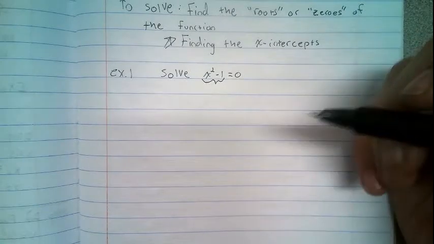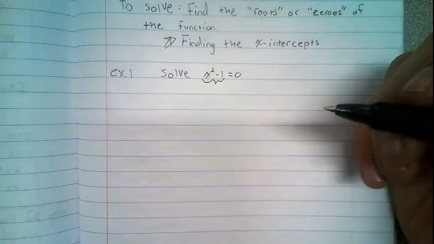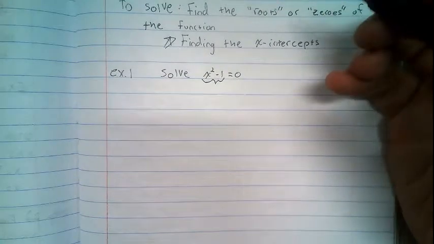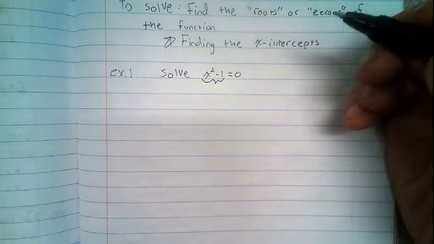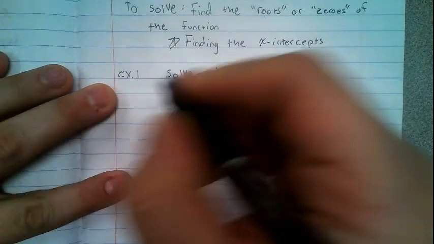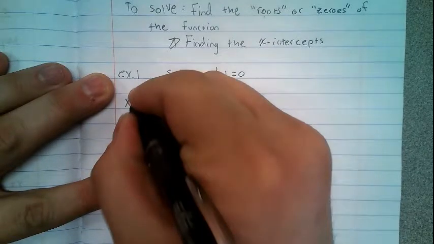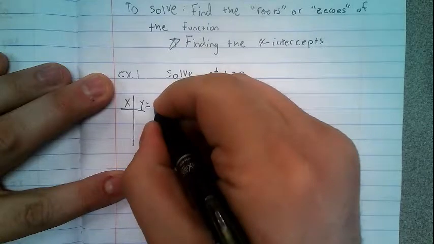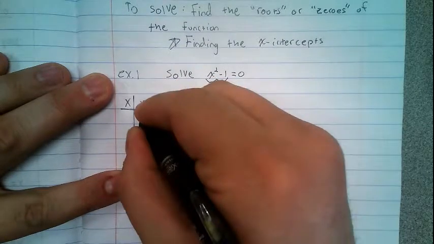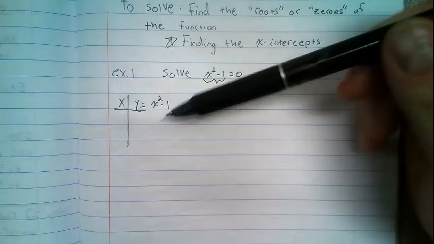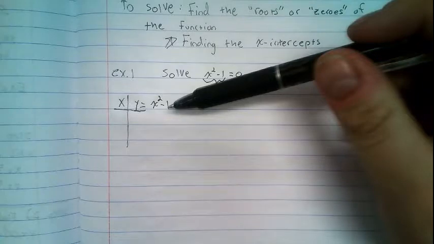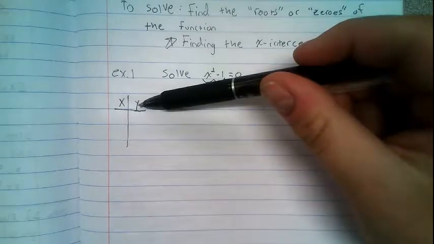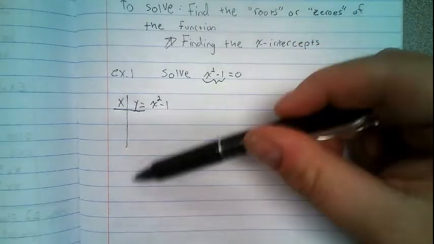In this lesson, we're going to solve by graphing. So we're going to graph the equation y equals x squared minus 1, and figure out at what point y is equal to 0.